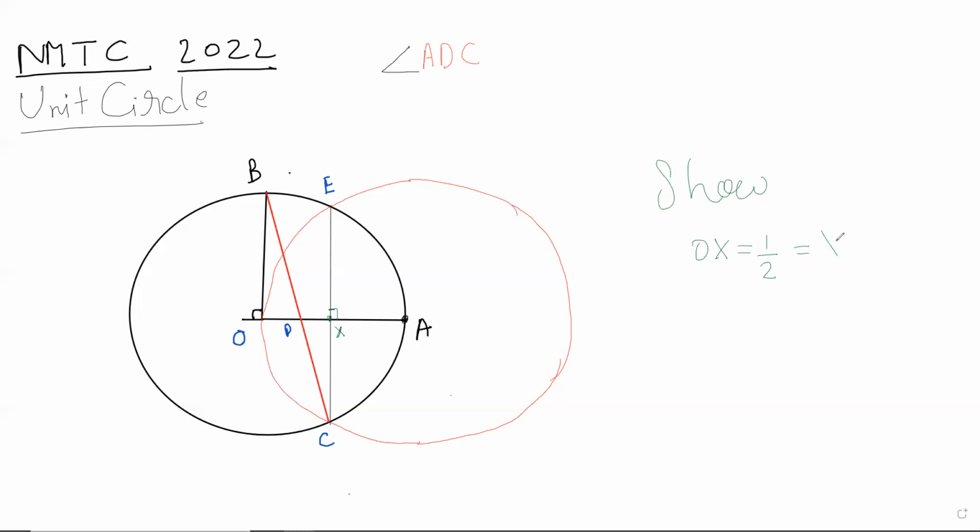OX equal to XA equal to half. And now I should be able to find out EX. And obviously EX and XC are also equal. So you can just find this and also see that EXA is perpendicular. I'm not asking you to prove all this, but you see how you can use it.